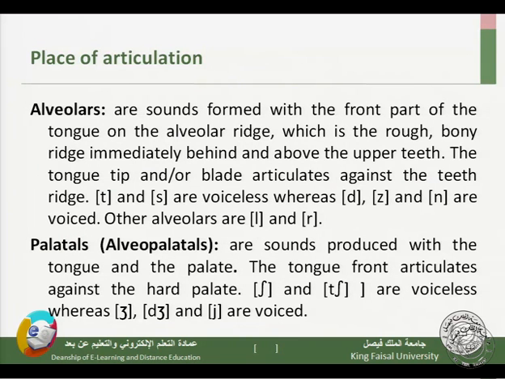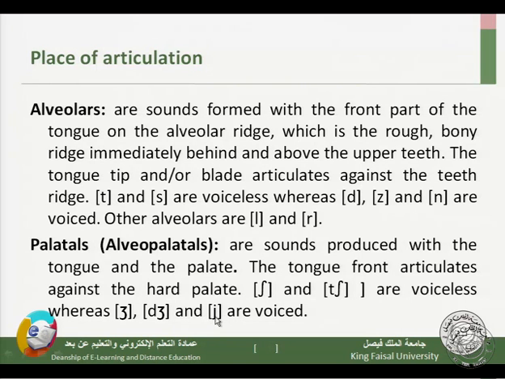These sounds are such as sh and ch, which are voiceless. Just to remind you, voiceless means there is no vibration here; the vocal cords are open. Whereas the sounds j and y must be pronounced as sounds, not read as letters.